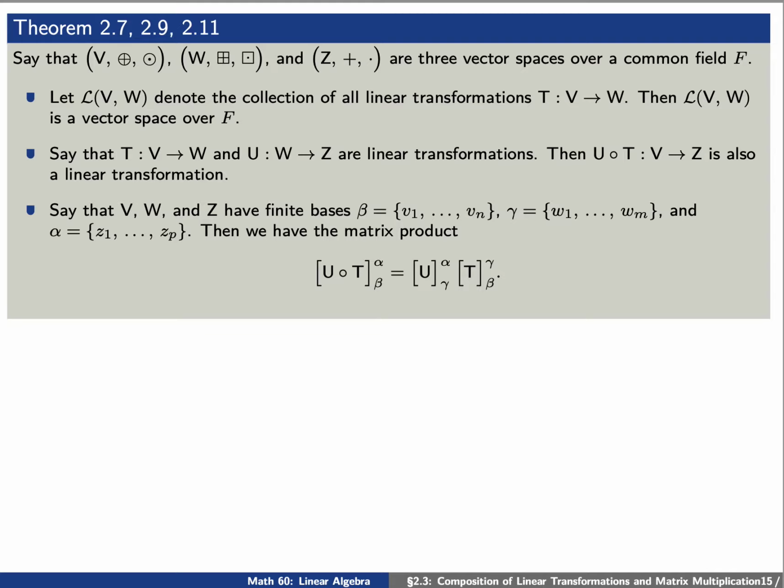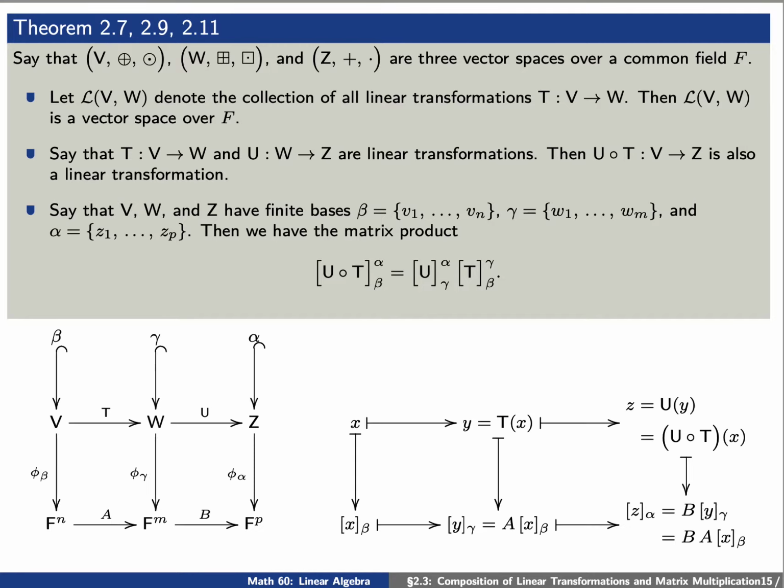We'd like to know how that's connected to the matrix representation of the composition U circle T going from beta to alpha. Well, the statement is that this matrix representation of U compose T is actually the product of the other two matrix representations. Of course, throughout the course of the proof, we'll define what a matrix product is, and we'll go over some examples.